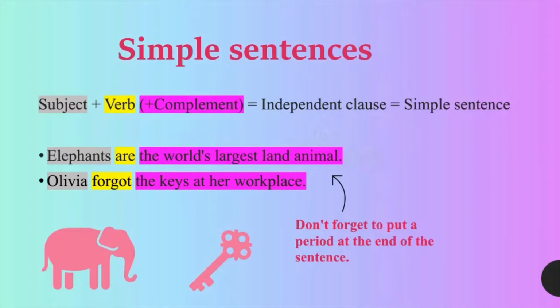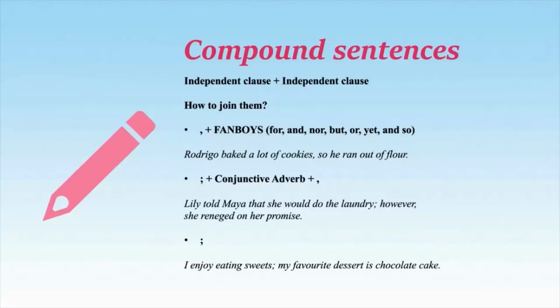There's no need to add commas or semicolons in this kind of sentence, though those punctuation marks are indeed used for punctuating compound sentences, along with other elements, of course.